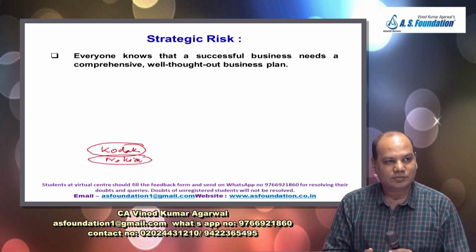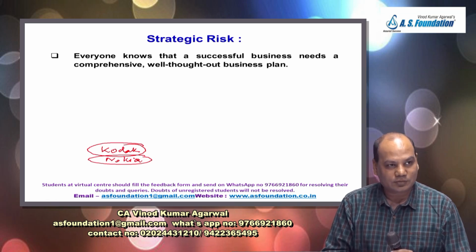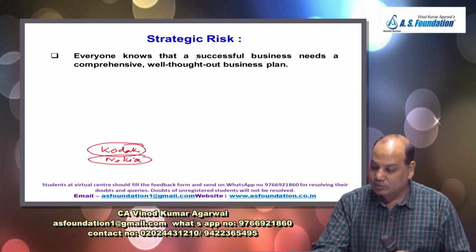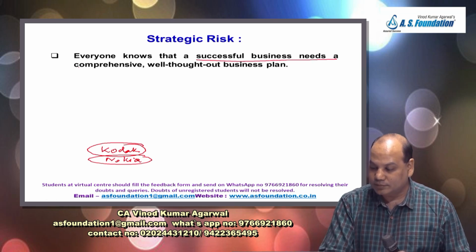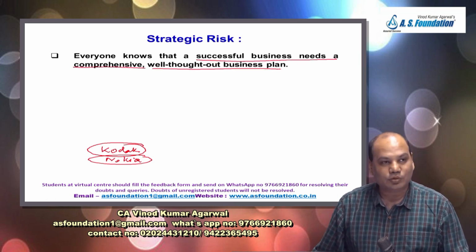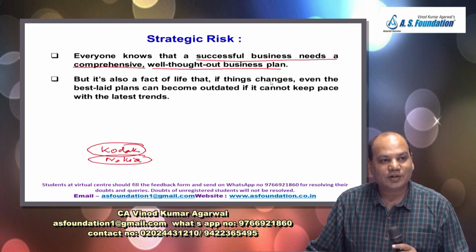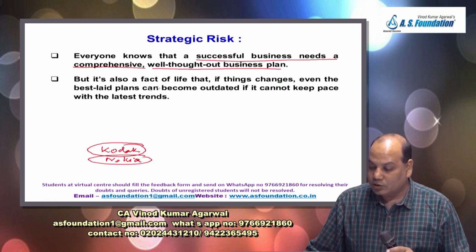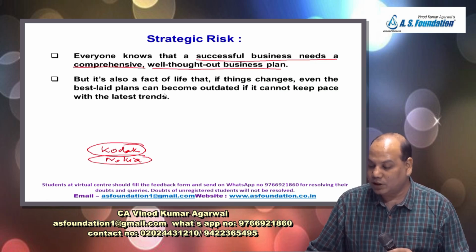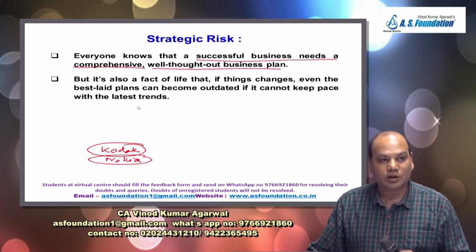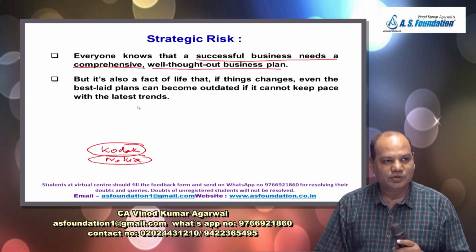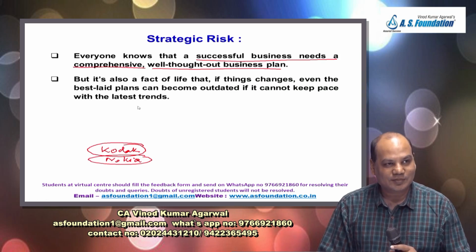Strategy means a plan for future action. But every plan, even though well thought out, comprehensive, with too much detail, can change. Yes or no? But it is a fact of life that if things change, even the best laid plans can become outdated if they cannot keep pace with the latest trend. Change is the only constant. Is it right?